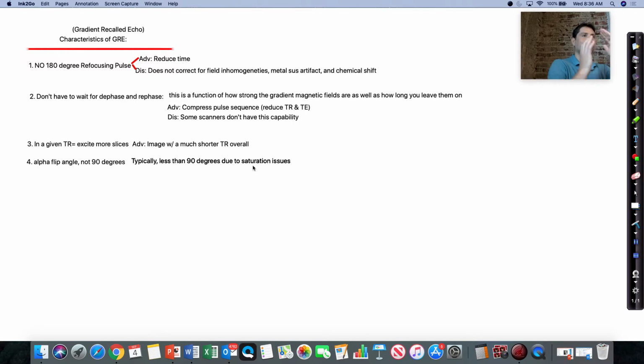So we maintain a steady state of energy in compared to energy out. So we actually have a flip angle that's about 30 to 45 degrees. And then we have a TR that's usually below 50 milliseconds. And we maintain that steady state. And that's usually what our parameters are going to be for our gradient echo pulse sequences.